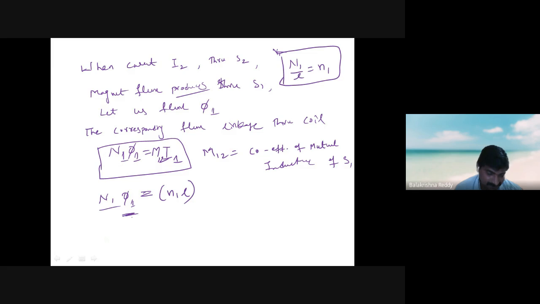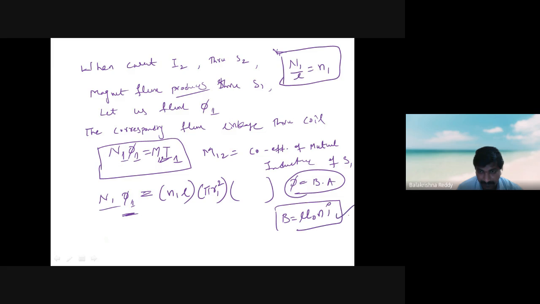Now the flux formula: flux equals magnetic field into area of cross section, that we know, right? Since it is passing through the solenoid, the area of cross section is pi r square, and since we are talking about coil 1, pi r1 square. Now, the magnetic field through the solenoid, did you remember the expression? B equals mu naught n i, right?